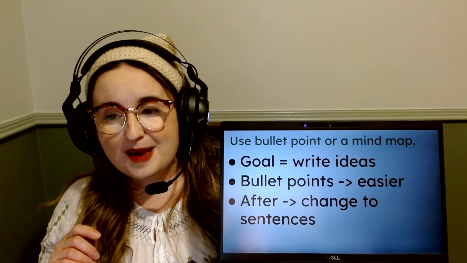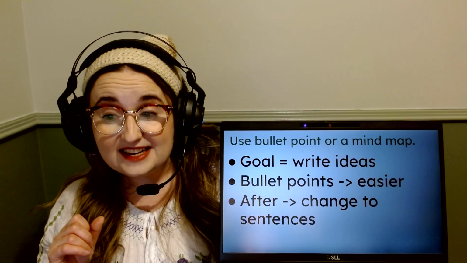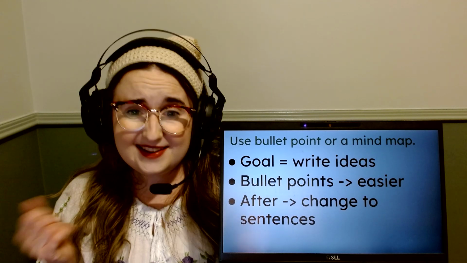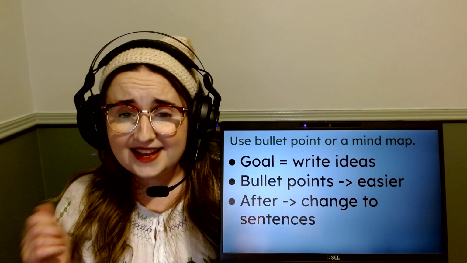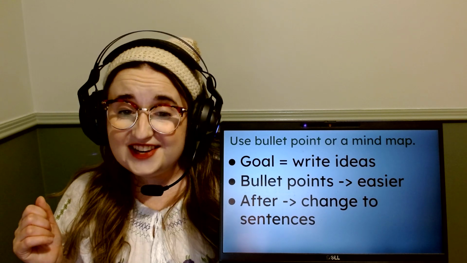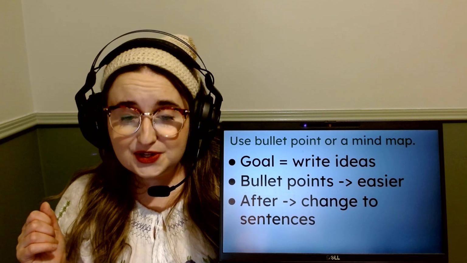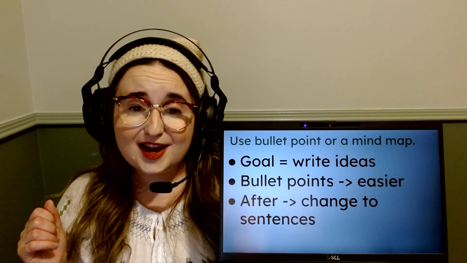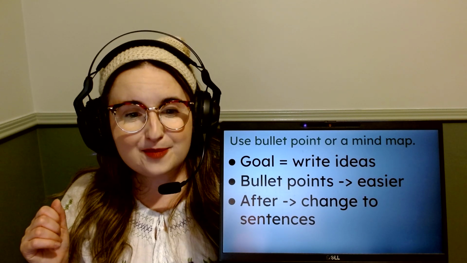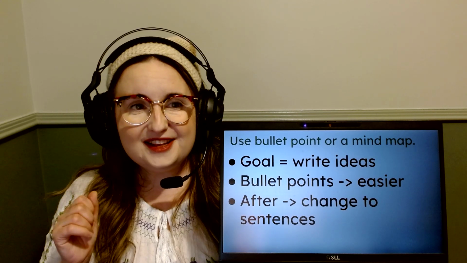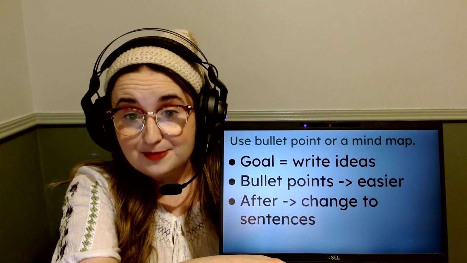So remember, our goal is to write ideas. Bullet points are easier to write than sentences. And after, you can change it to sentences. So this is a way that you can get some writing practice in, but really focus on getting those ideas on paper.